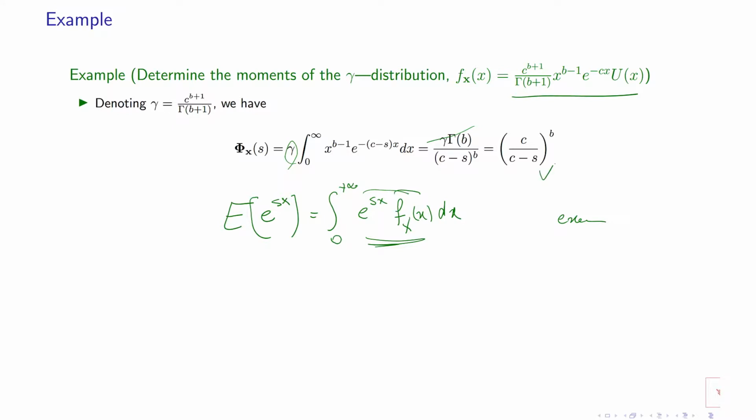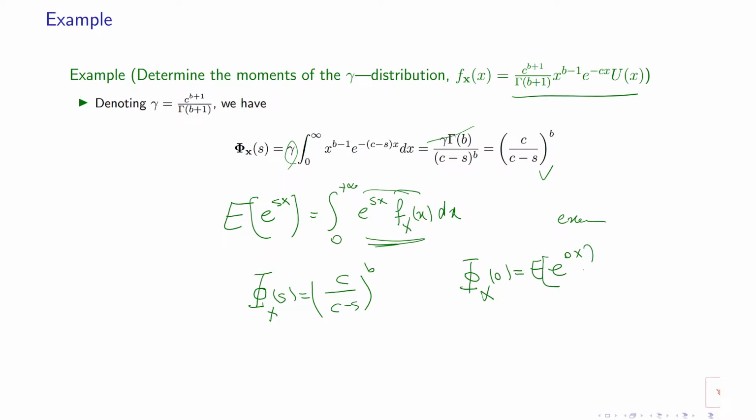So the moment generating function here, phi_X(s), is c divided by c minus s, to the power of b. I want to check if this answer is correct or not. I know that phi_X(0) is always equal to the mean of e to the power of 0 times X. Remember that this is s.